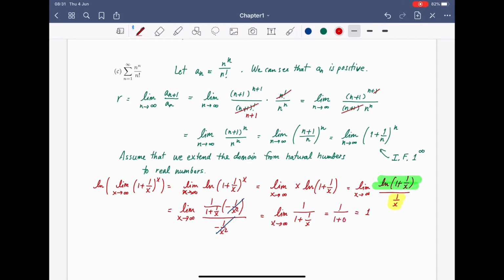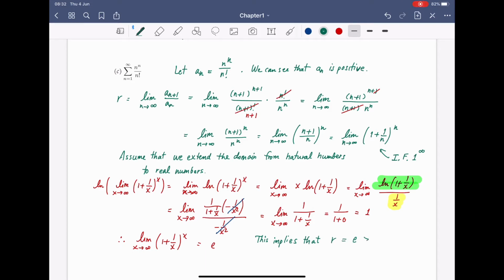You have seen this before, right? Because we computed this limit when we learned sequences, and you can see that the log of the limit equals 1. It means that the limit of (1 plus 1 over x) raised to the x power is e, which means your r is equal to e.